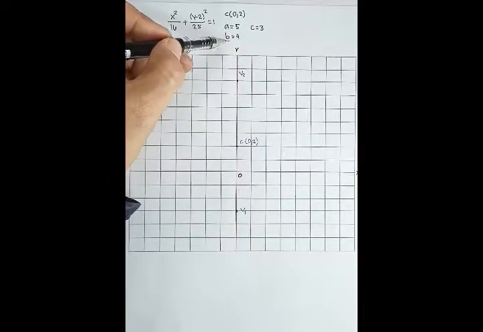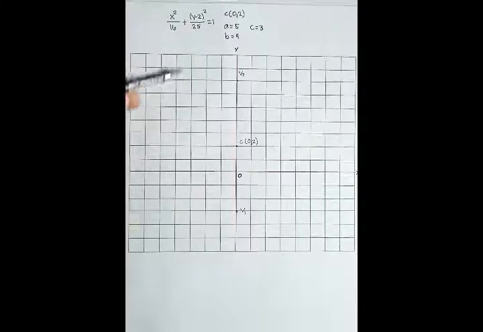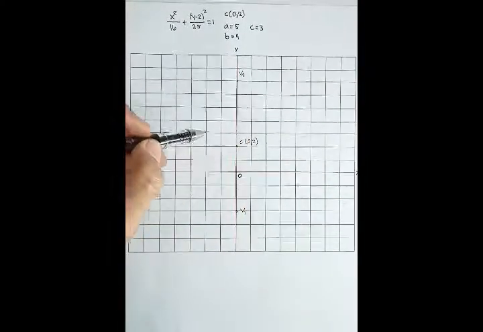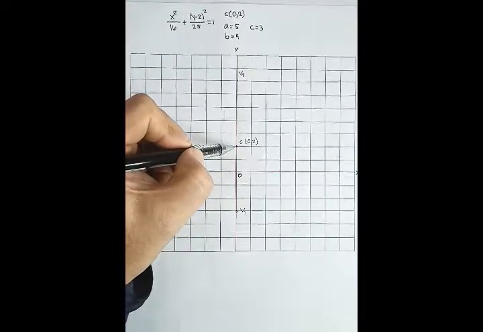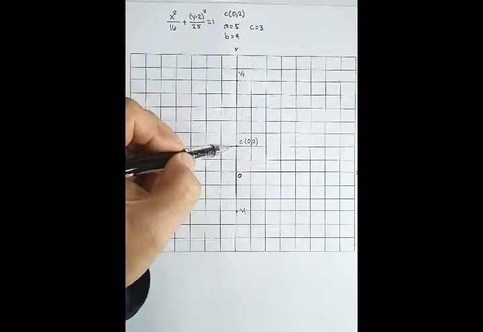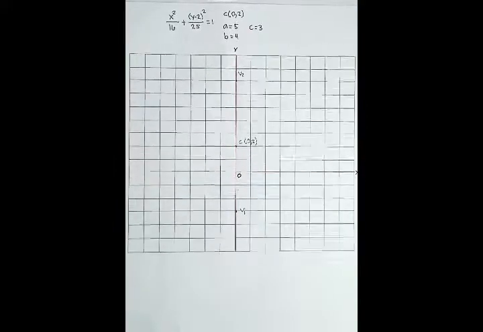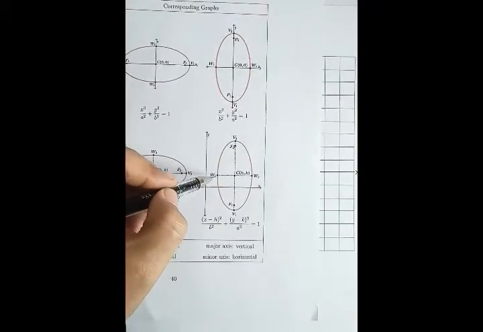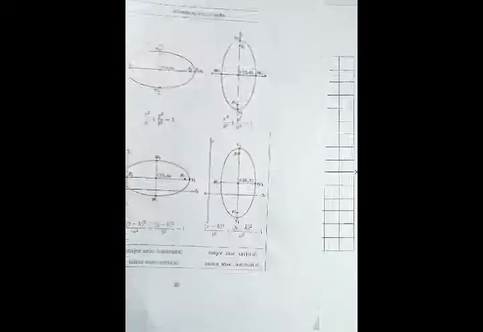And then B. This value of B will be for our co-vertices, along the x-axis. So it is 4. So from the center, we count 4 to the right and to the left. So to the left is W1, to the right is W2.